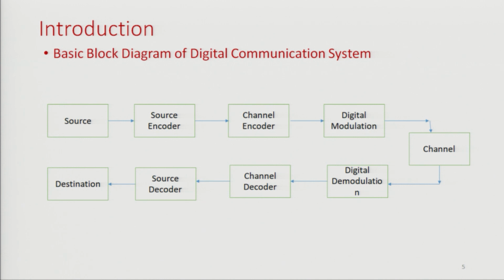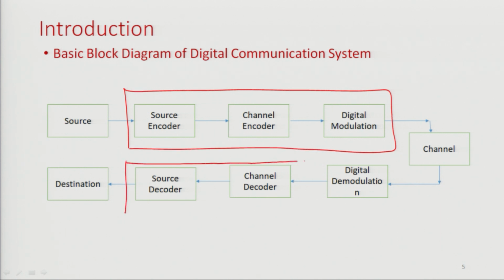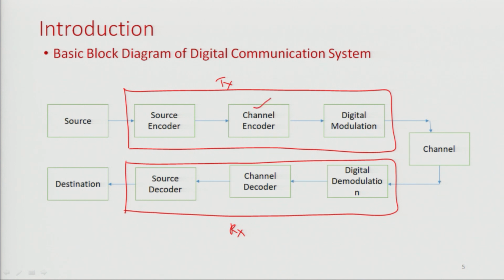Before going into detail of frequency domain signals, we can discuss the block diagram of a digital communication system also. Here, as we know, there is a source, this is the transmitter section, and this is the receiver section. As in the analog communication I discussed in the last slide, here in digital communication along with the modulation there is a channel encoder and source encoder also incorporated with the transmitter, and to do the reverse process at the receiver section there is a source decoder and channel decoder.